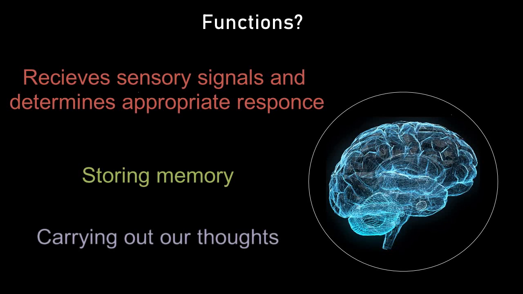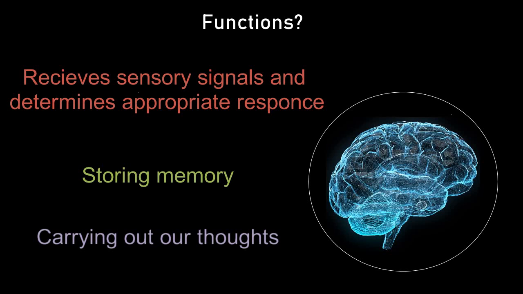So let's talk about the brain. Why do we have a brain and what are its functions? The central nervous system, which I'm going to talk about a little bit more later, includes the brain and the spinal cord.